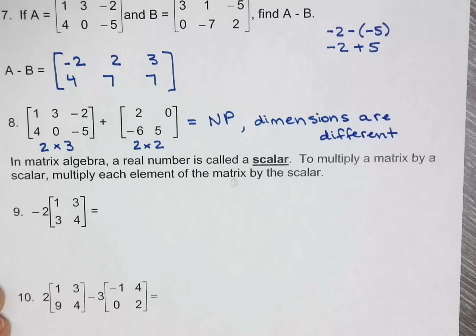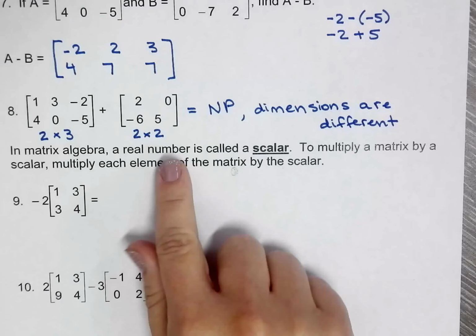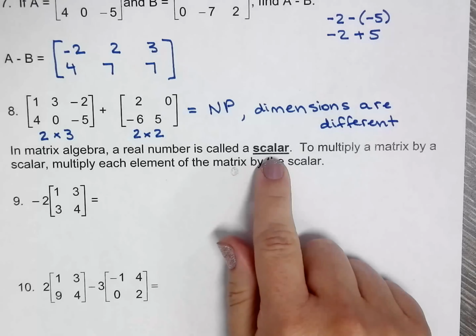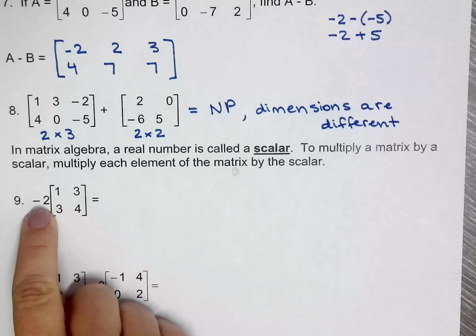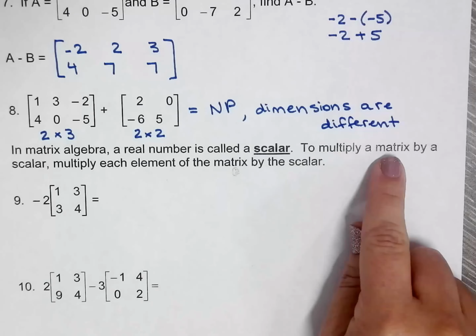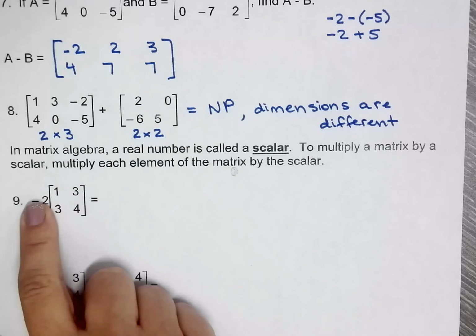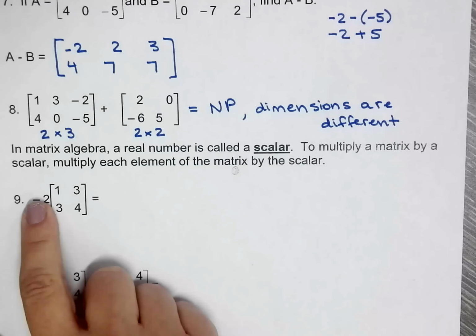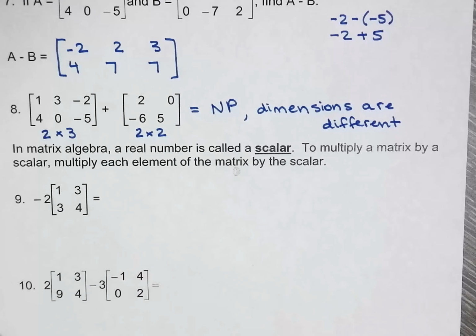In matrix algebra, a real number is called a scalar. That's the number right there in the front. You can multiply a matrix by a scalar, a whole number or a fraction. It is easier than you think.